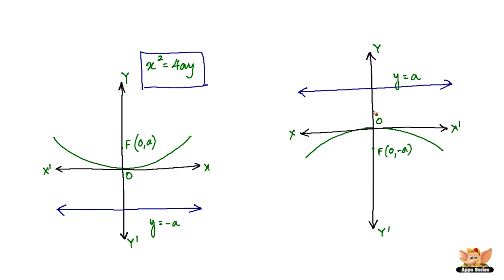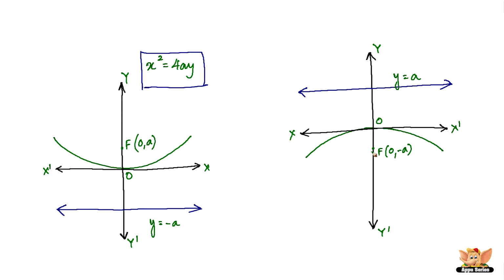Alright, here we are with the final way in which a parabola can be drawn. The green curve is the parabola that we are talking about, and it exists in the negative direction of the y-axis, and its vertex coincides with the origin yet again. This is the x-axis and this is the y-axis. This blue line is the directrix, as always, whose equation is y equals a in this case, because it exists in the positive direction of the y-axis.